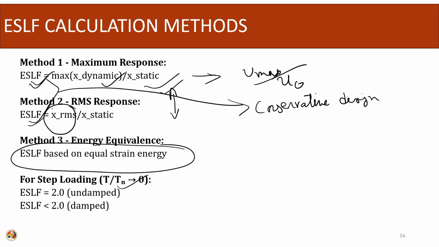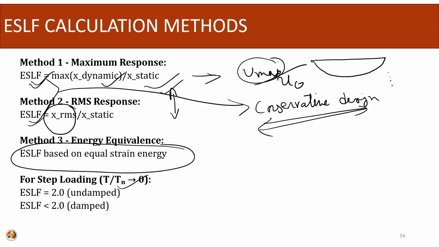But remember one thing: why are we trying to use a conservative design? Because when we started, we took only 1 degree of freedom. We ignored the effect of the higher degrees of freedom. So, the U max that we are estimating is always less than U actual.